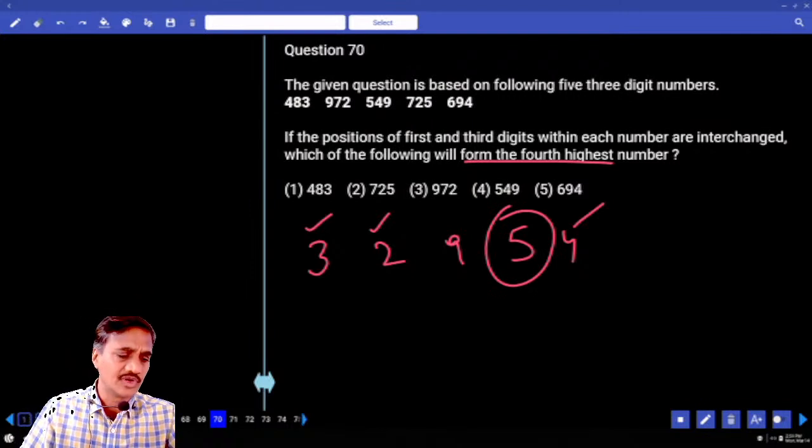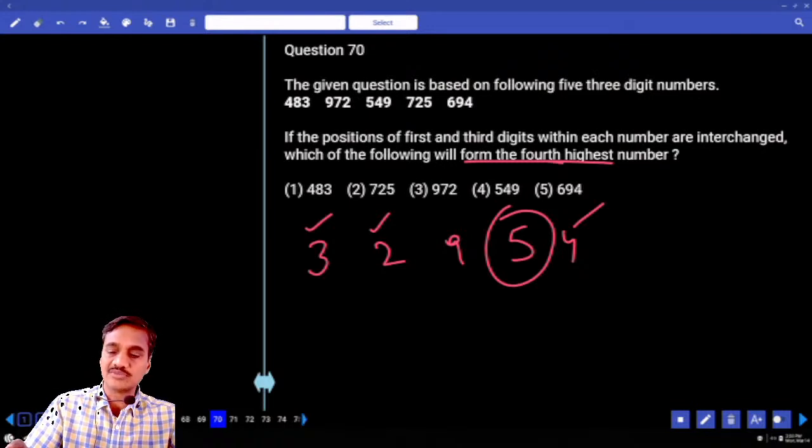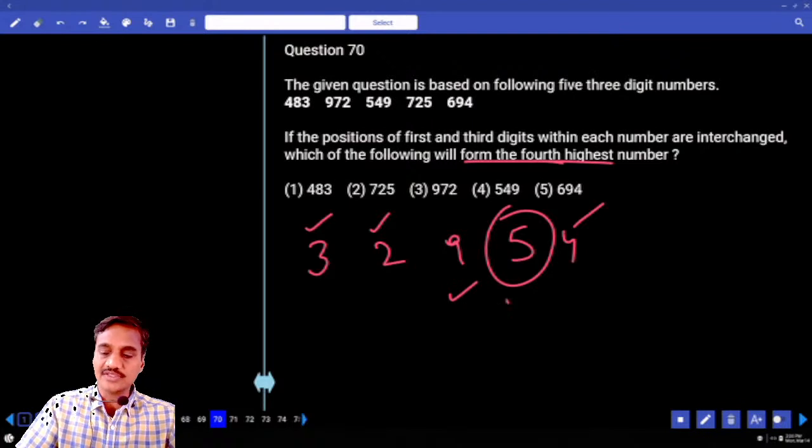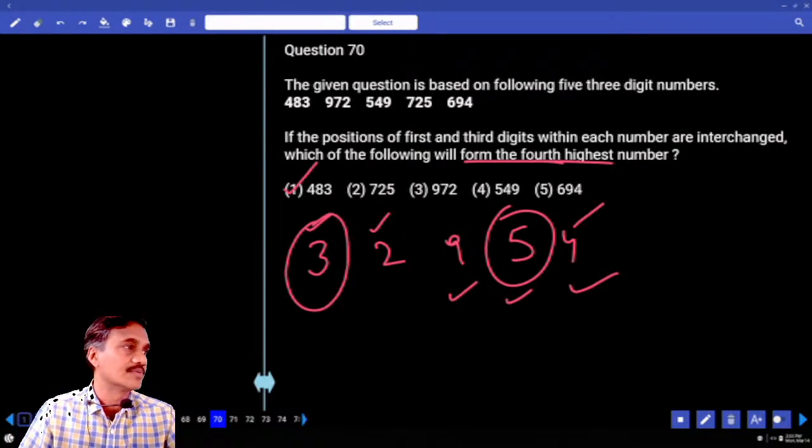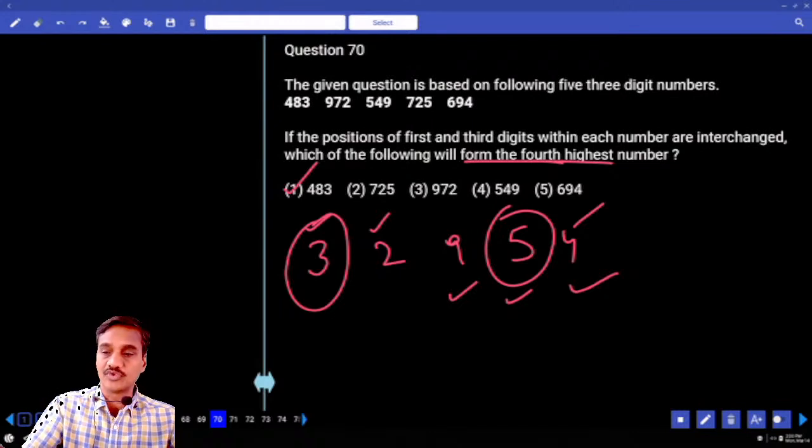The fourth highest number means 9 is the highest, then the second highest, third highest and fourth highest. What is the fourth highest here? 3. And 3 we are getting from 483, choice 1. The question is about the fourth highest, that means moving from lowest to highest, we need to get the fourth one.